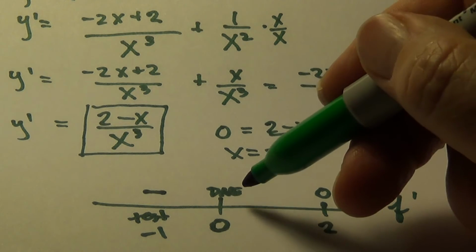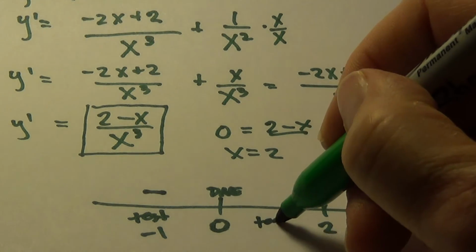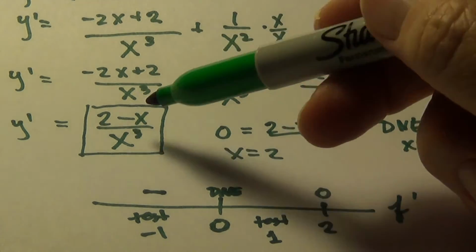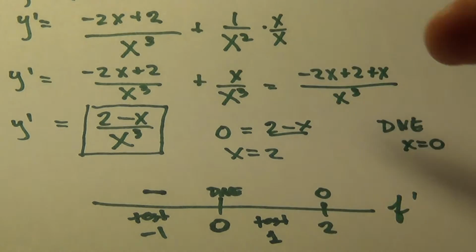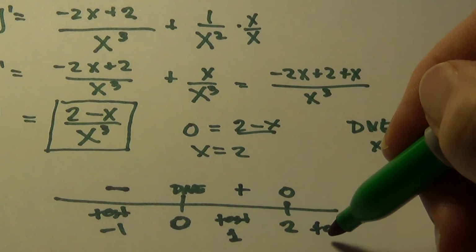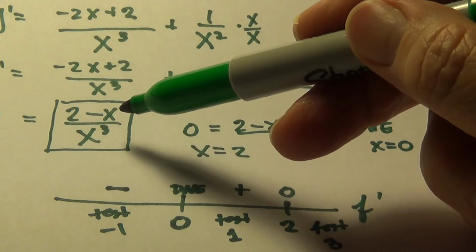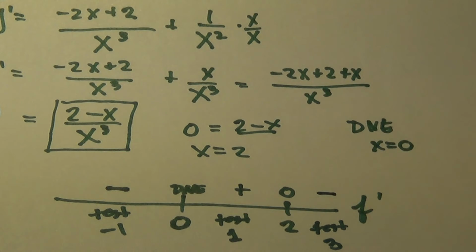All right, then in this interval between 0 and 2, I'll test 1. And that gives me a positive over a positive. And then over here I will test 3. Throwing 3 into there, I get a negative over a positive, which is a negative.